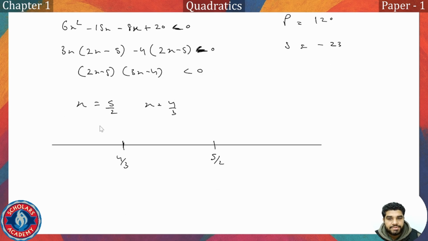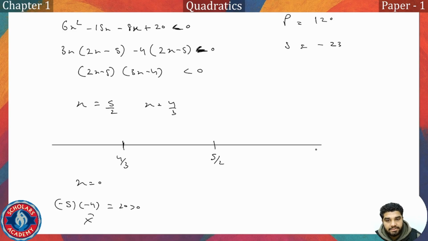So these are the two zeros and we get these three sets of intervals. If I take a value from this first interval, I can take x equal to 0, and if I substitute that, I get negative 5 times negative 4, which is actually 20, and greater than 0.